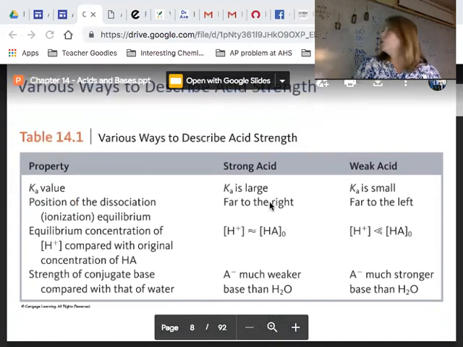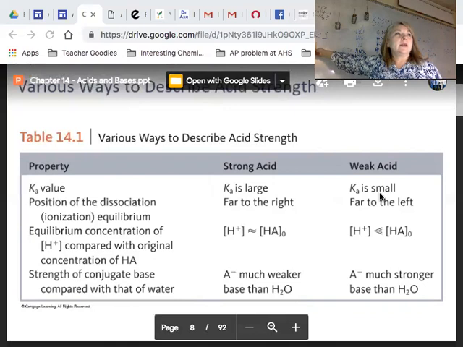It all pushed to the products. On the weak acid, your Ka is very, very small. Maybe we wrote this down yesterday, the Ka is much, much less than 1, and its equilibrium is going to lie far to the left. So basically, you have your reactants left. You don't have very many products.